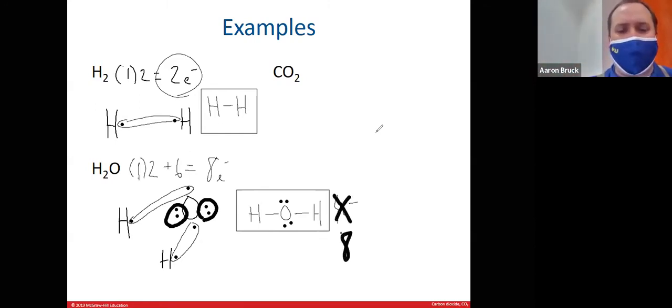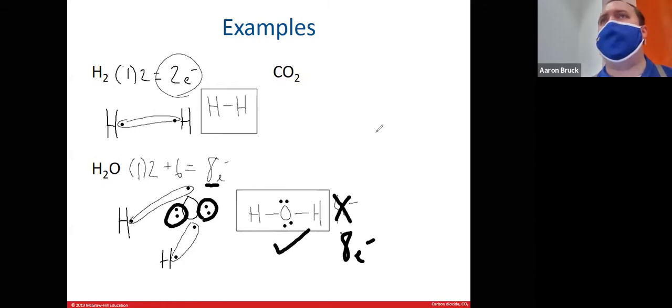Now I've got 8 electrons, which matches the 8 electrons I'm supposed to have. I now know that this is a correct structure. So can we see the difference? We have to make sure that we include all of the electrons in the structure, not just the bonds, not just the dots, but all of them.